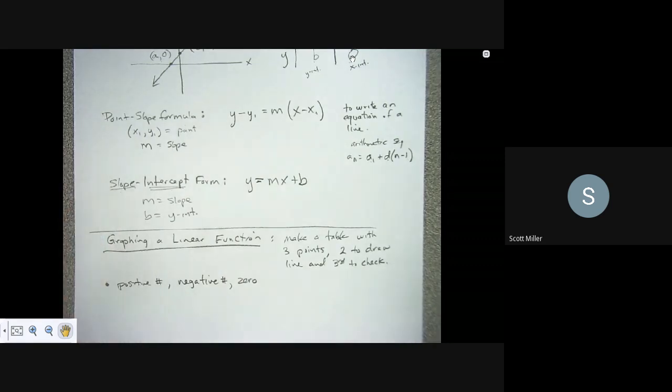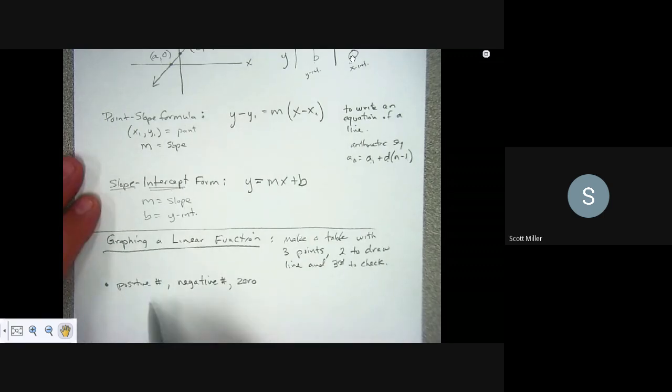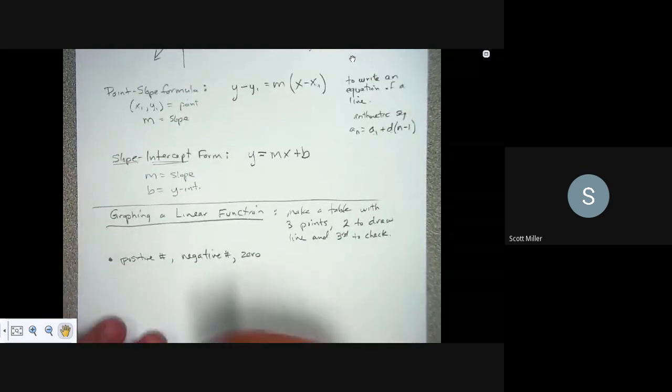Don't do all positives. Get a nice spread of your graph. That'll fluctuate. This is not a hard and fast rule, but it's the general trend you always want to try to follow when graphing an equation. You plug in negative numbers, positive numbers, and 0 all the time. That's what I'm going to be looking for.